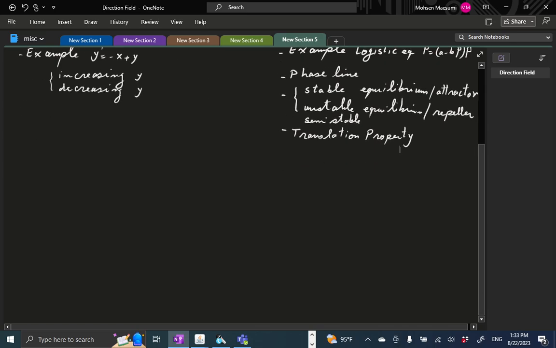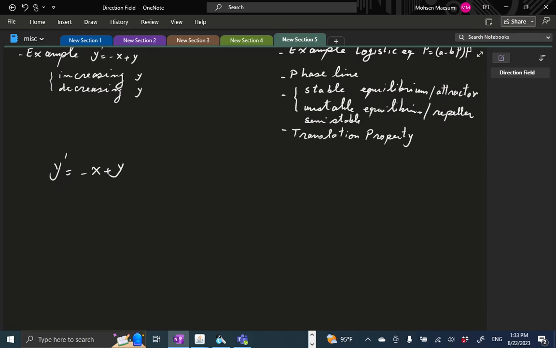So here's my example. y prime is equal to minus x plus y. y prime means, of course, the derivative of y with respect to x. What we want to do is to draw the direction field for this differential equation. What does that mean?